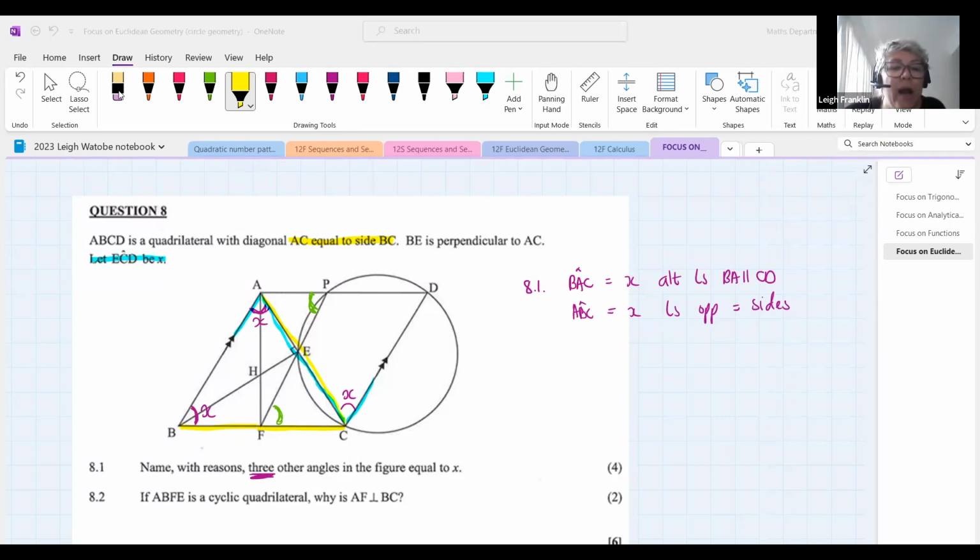Okay, so now we're kind of out of options. We know it's not this one. We know it's not this one. We know it's not this one. What else in this diagram do we have that we can use? Okay, so Cassandra says with APF opposite.